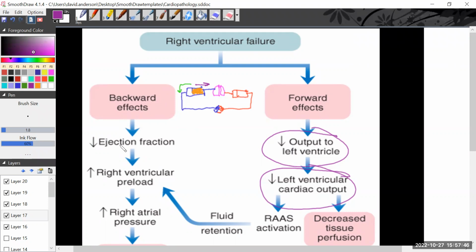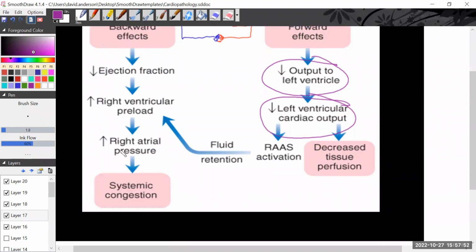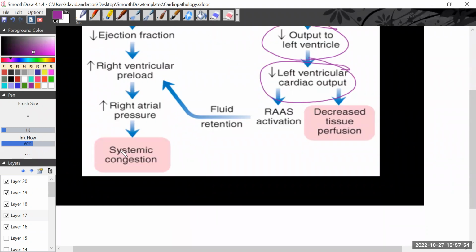So we start with a poor ejection fraction, which creates an increase in ventricular preload, increase in right atrial pressure, and that's going to force blood back into the systemic circulation. This will show up in a patient as a systemic congestion, swelling in the ankles, swelling in the jugulars. In the systemic circulation, there would be swelling. So the presentation is a little bit different.